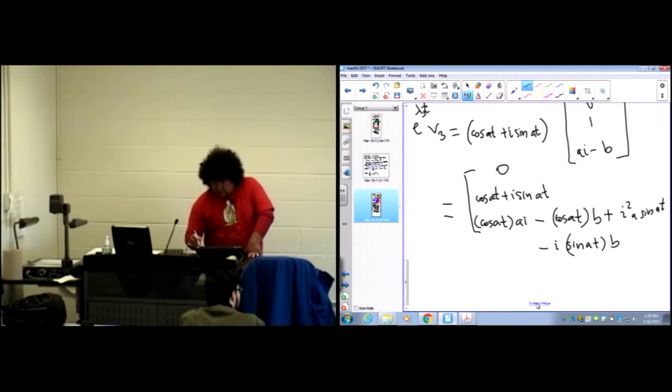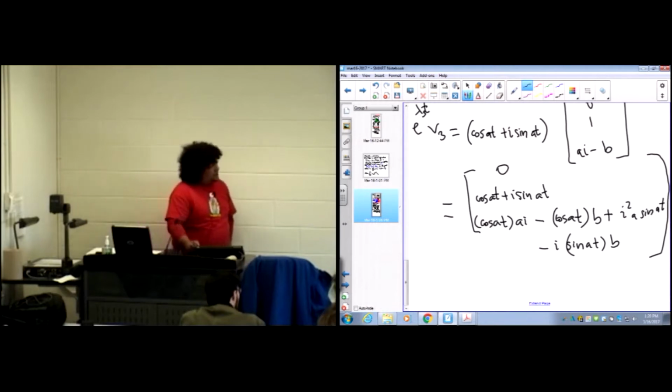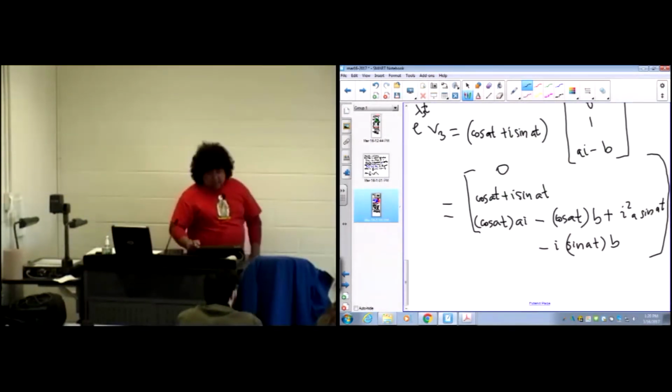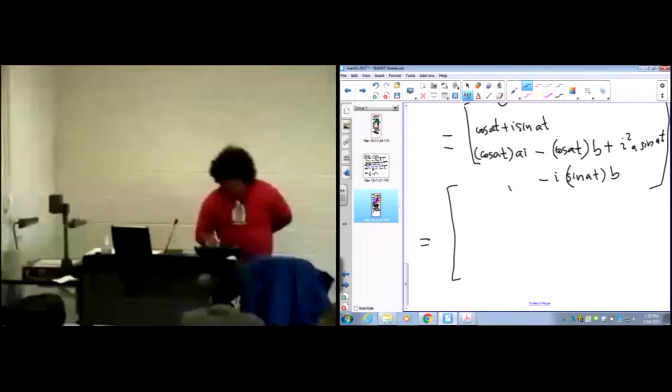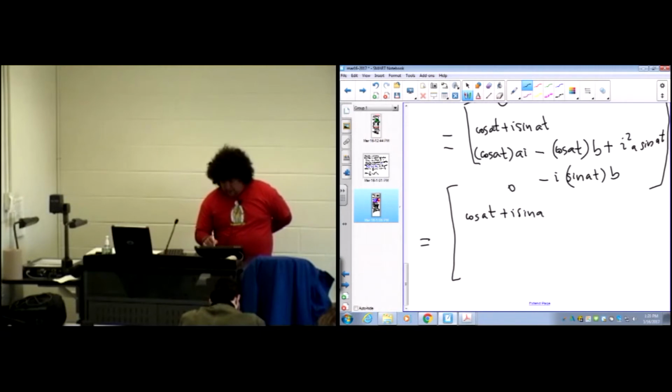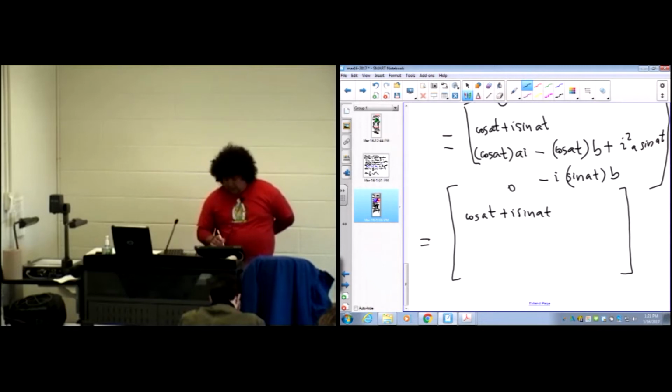So the first entry, the second entry, cos plus i sine, and the last entry, after doing some simplification, since i squared is minus 1, we can write this as minus a sine at minus b cosine at plus, and we can factor i, we can write this as i times a cosine at minus b sine at.